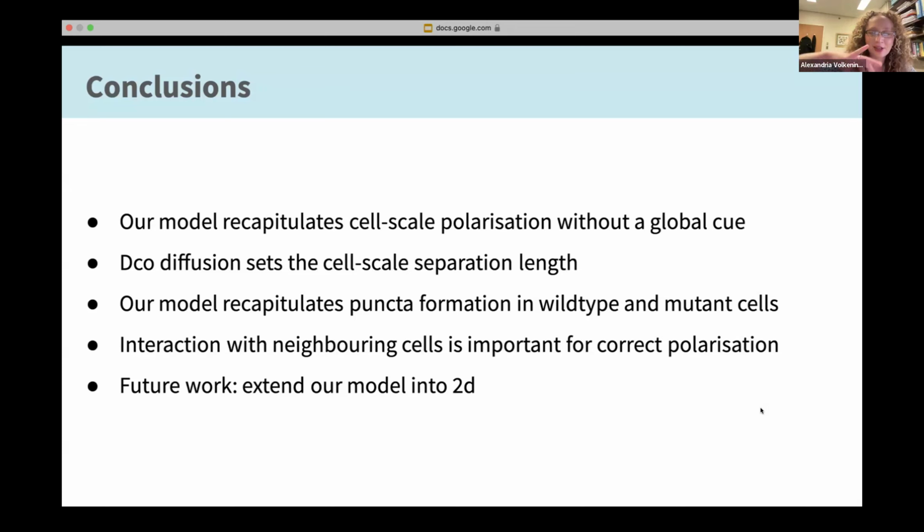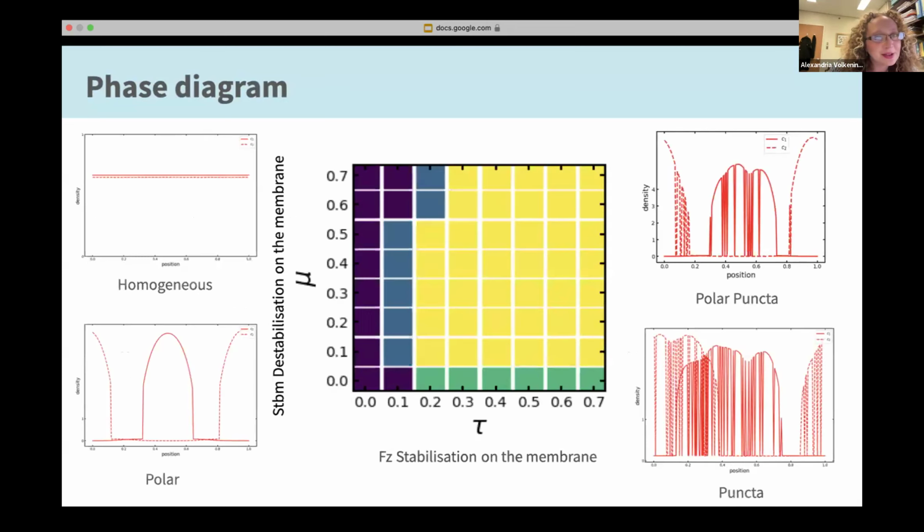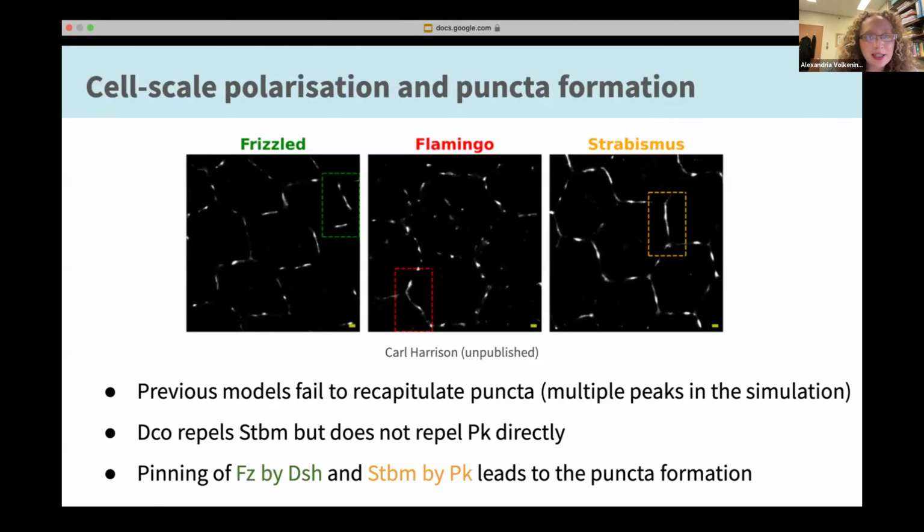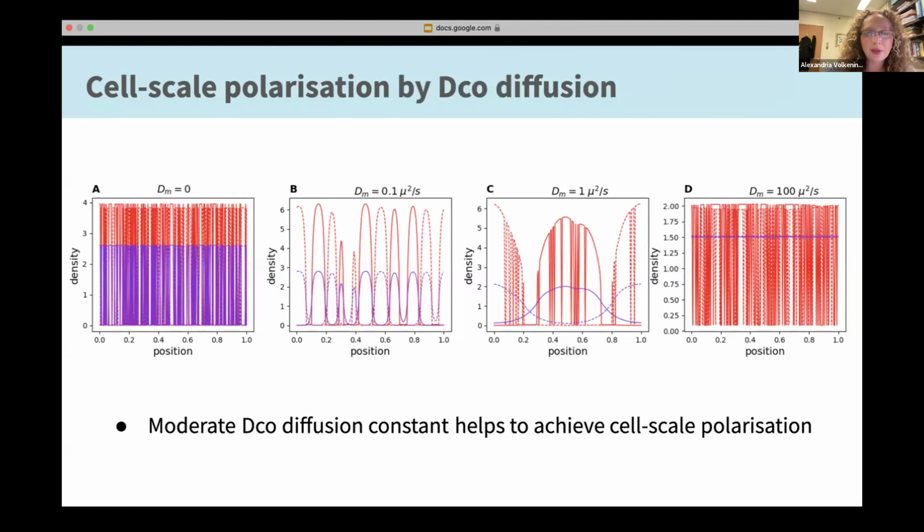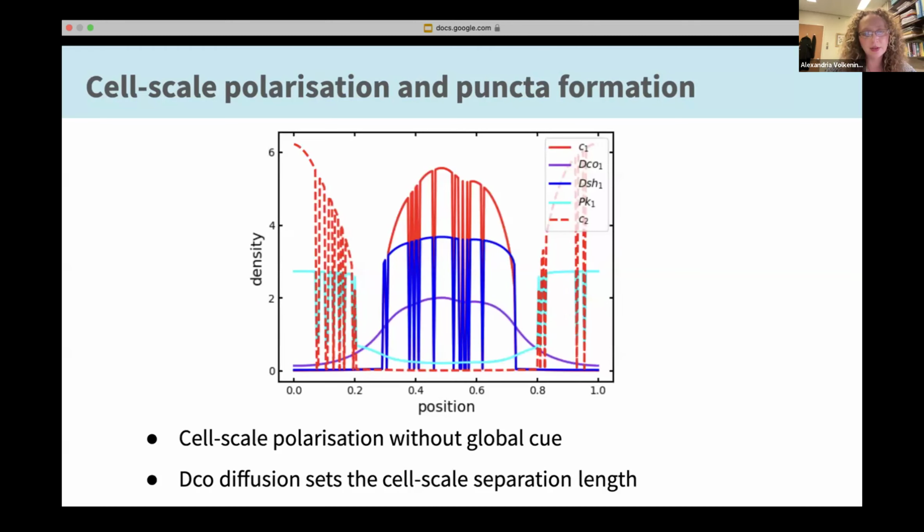I had a question about the location of your puncta, either in the data or the simulation. Does it depend on the initial condition where those sharp peaks emerge? The puncta formation depends on the initial condition, but their separation is an emergent behavior that does not come from the initial condition, because in the initial condition the C1 and C2 complexes are mixed.